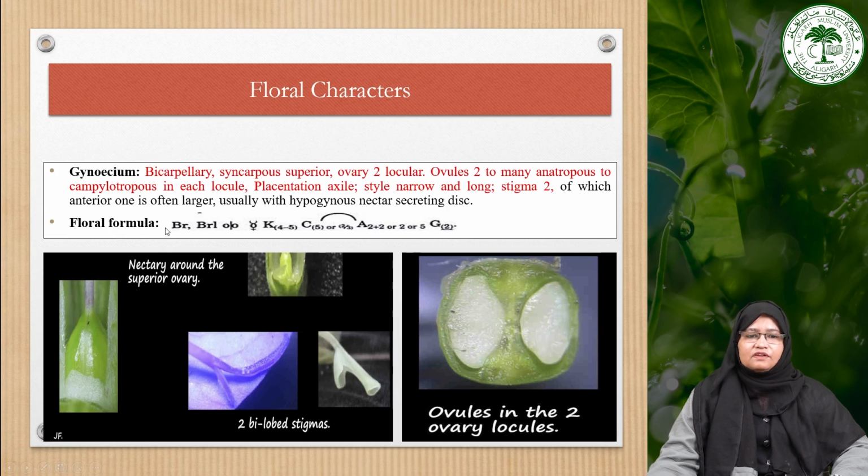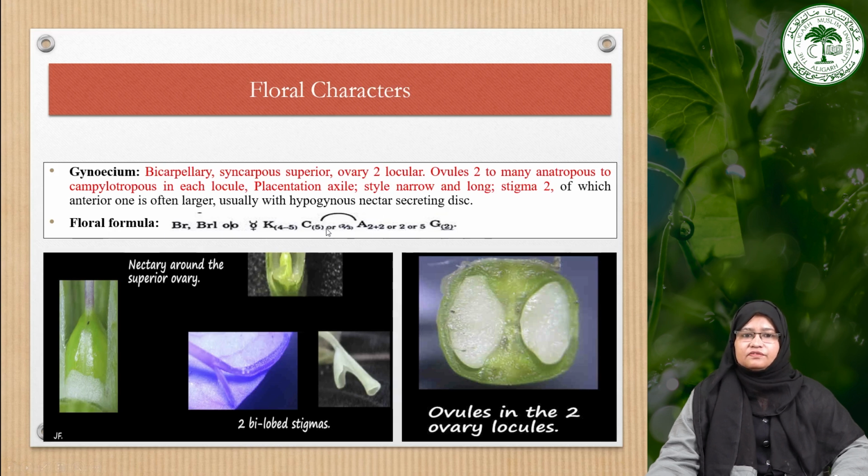So the floral formula of this particular family is: they have a bract as well as bracteole, and the symmetry of these plants is zygomorphic, they are bisexual, they have 4 to 5 calyx, generally united but sometimes free.